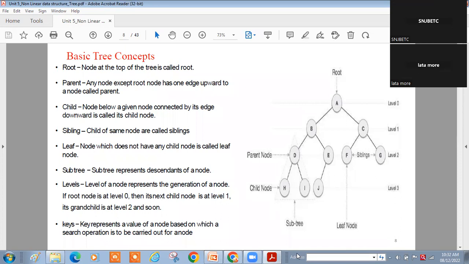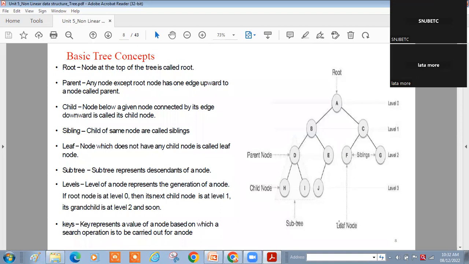Now, level. The level of a node represents the generation of a node. Here you have seen level 0, level 1, level 2, level 3. This represents the generation. If the root node is there, it is at level 0. Then the next child node is at level 1.